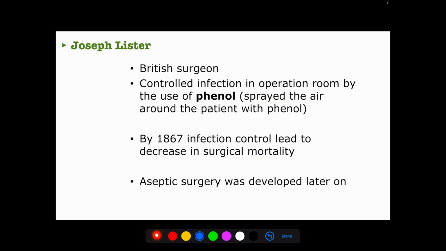Then we have Joseph Lister, who controlled infection in the operating rooms by the use of phenol. So he sprayed the air around the patient with phenol to prevent infection in the operating room, and also surgical site infection.